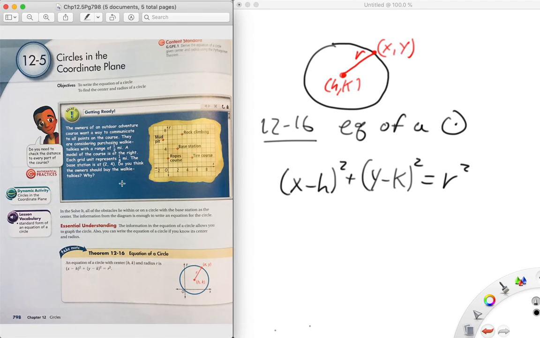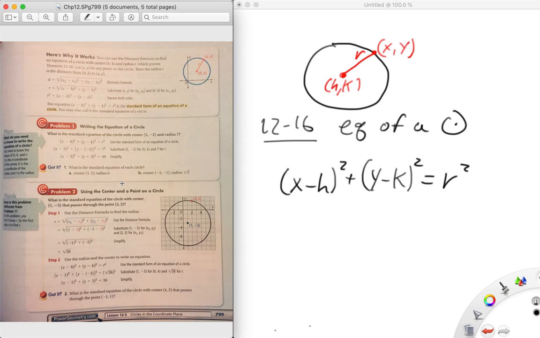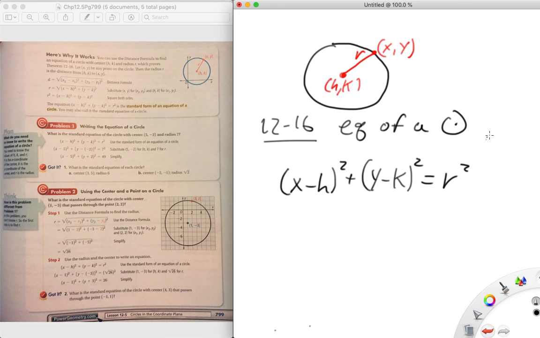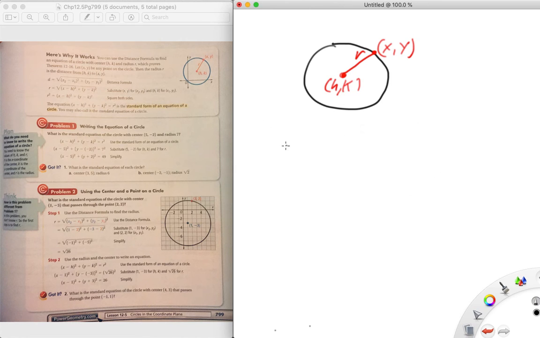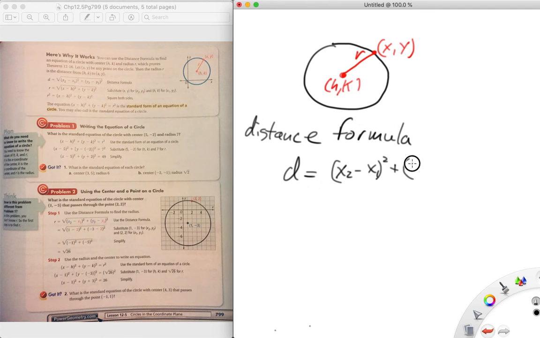So, where does it come from? Well, it comes from the distance formula. If you recall, the distance formula is d equals the square root of x2 minus x1 squared plus y2 minus y1 squared.